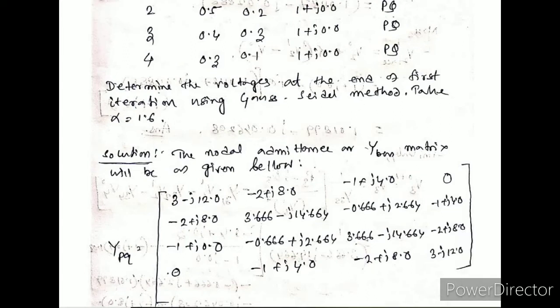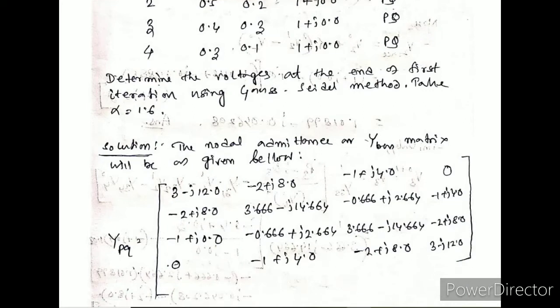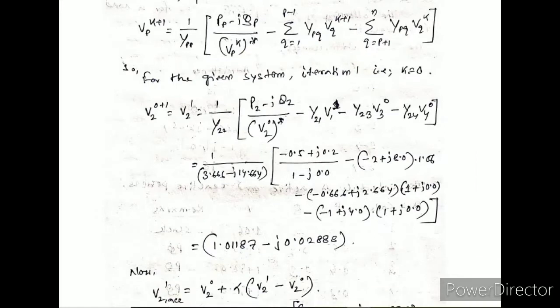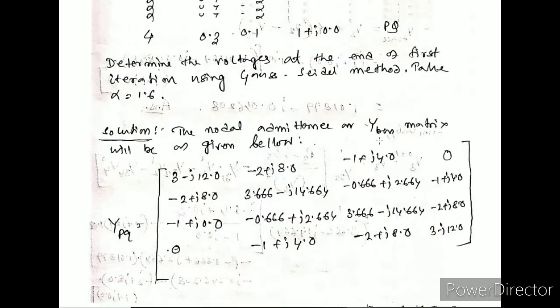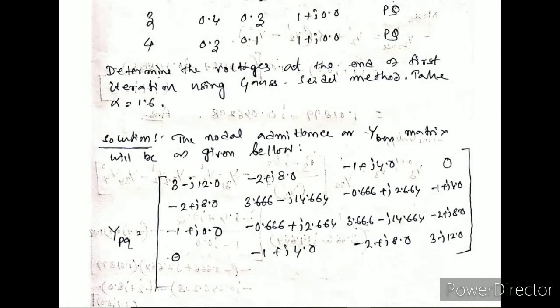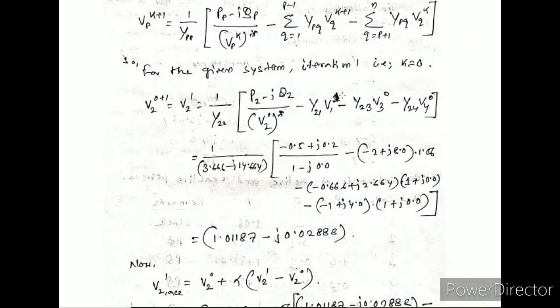Step number 2 was that we need to give the epsilon value, that is the tolerance limit. In this numerical no tolerance limit value is given, so we need to check that. The next step, step number 3, is that we need to start the iteration count from k equal to 0, that is iteration number 1.